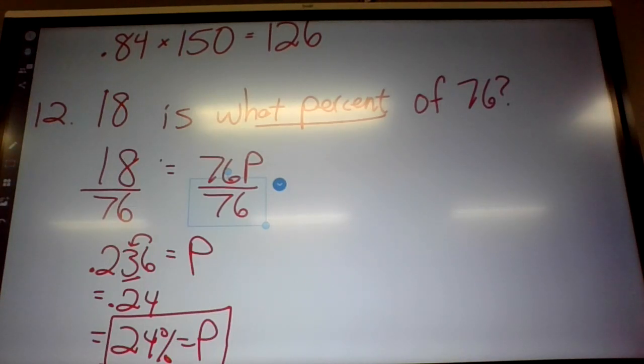No, percent's changed. Then what we're gonna do is solve this.